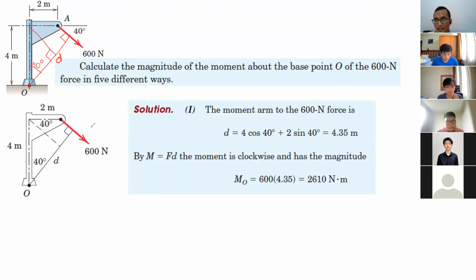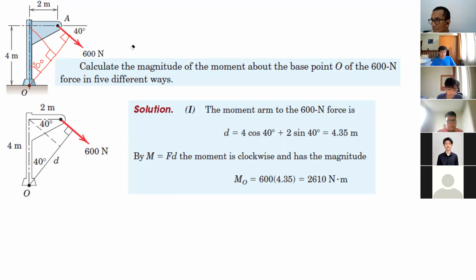By using the first triangle, we can find out this particular line, right? Because we have 4 meters there and we have the angle there.